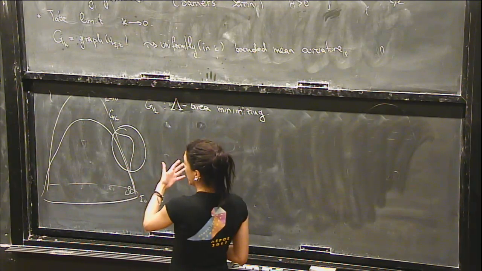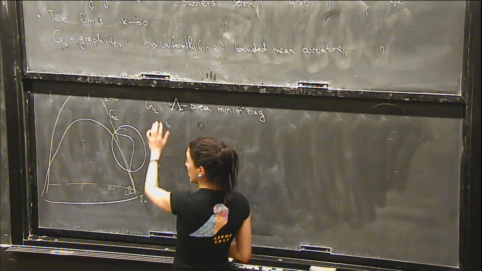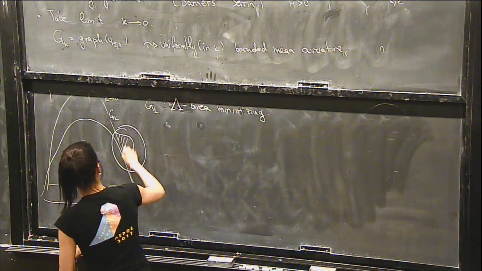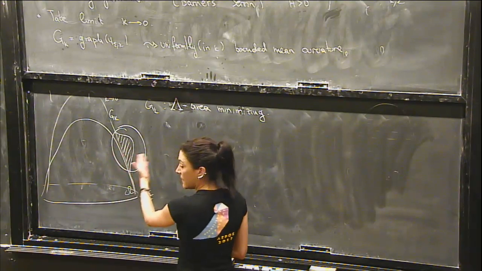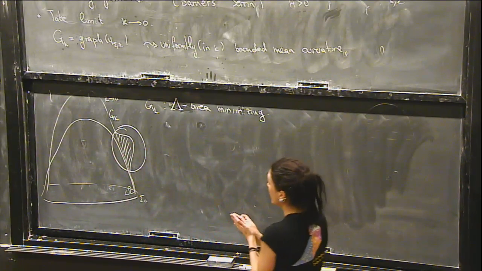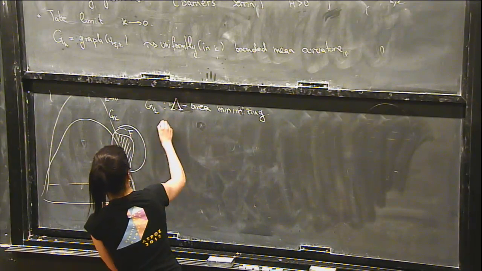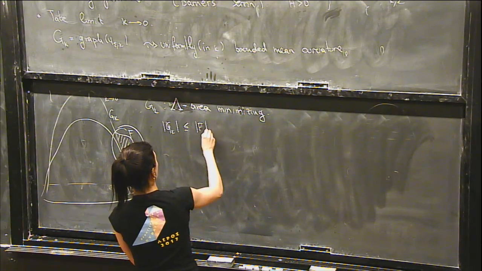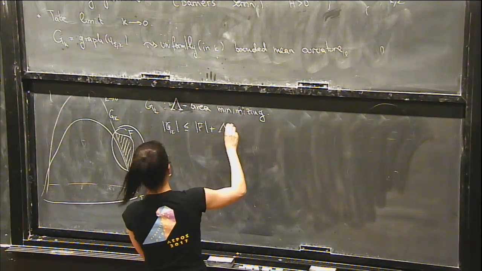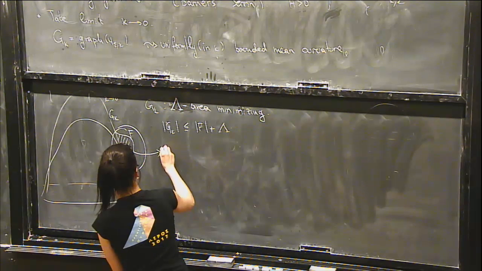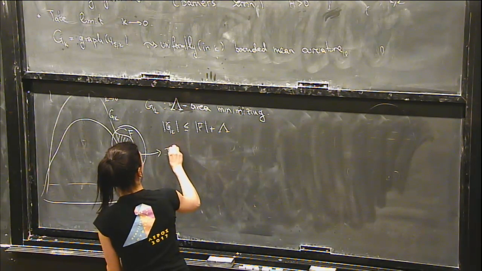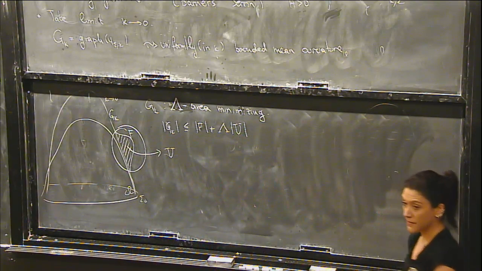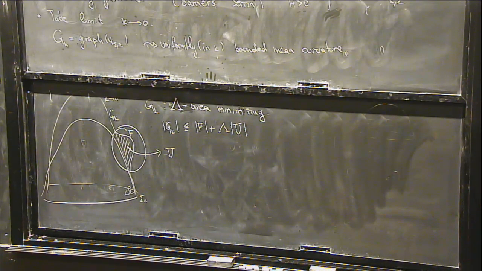Lambda area minimizing means that the area might go down, but in a controlled way. And the controlled way is given by the volume of the in-between region. Okay, so call this F. This means that the area of G kappa is less than the area of F plus lambda times the volume. Let's call this U. Okay, so the area might go up, but in a controlled way.